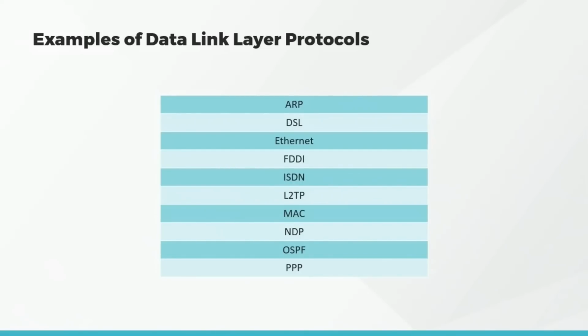Ethernet is probably what most of us are familiar with, but FDDI is the Fiber Distributed Data Interface in use for fiber optic networks. So again, those are two completely different methods of networking. So this defines the actual format and the structure of the packets for those particular types of networks.